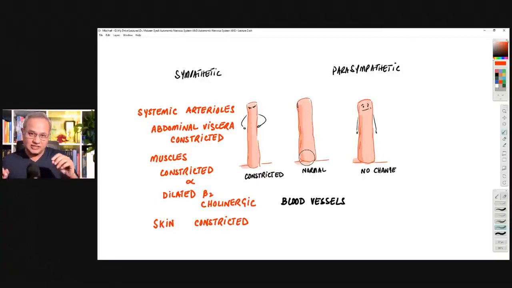So the blood vessels that are supplying the brain and the muscle would start dilating. They would start bringing more blood to these structures. But the blood vessels that are going through the GIT, for example, our gut, would start constricting. We do not want the gut to take blood from us when we are running and start working. We don't want the gut to work at all. We want it to stop.